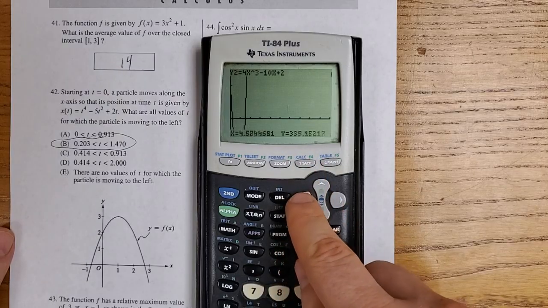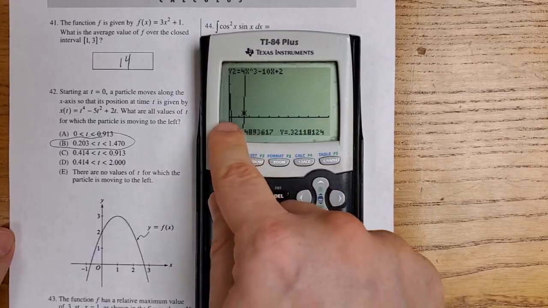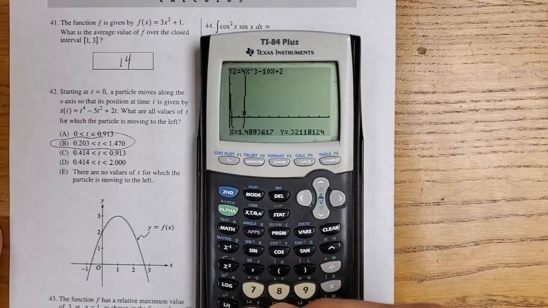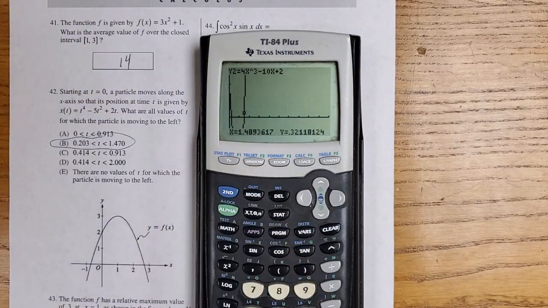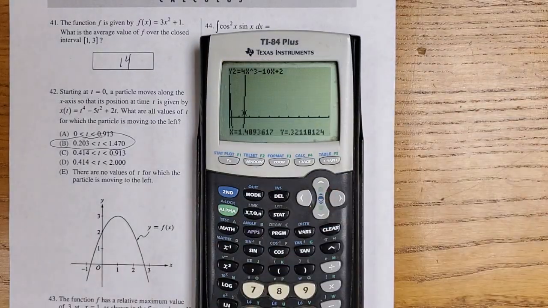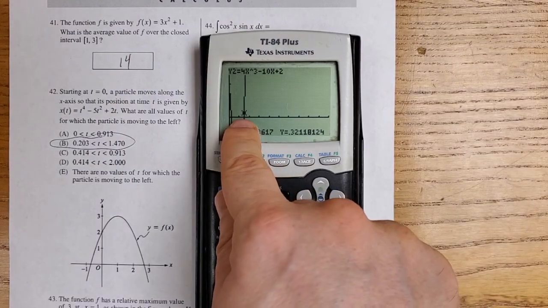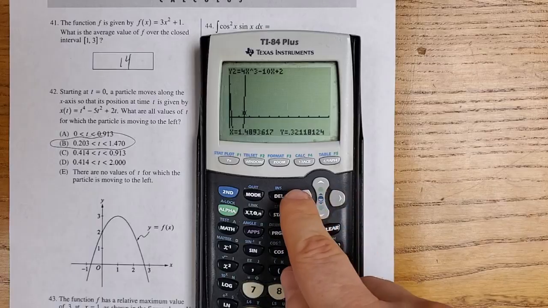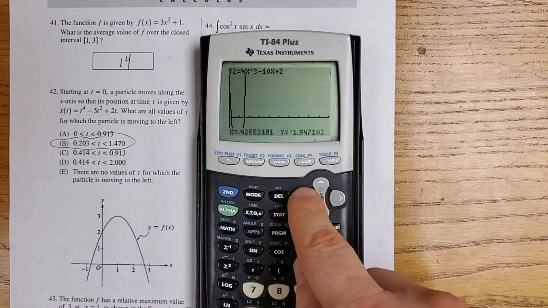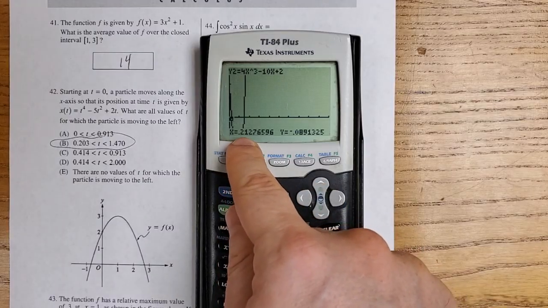And now we can see everywhere the first derivative is negative, below the x-axis, is where that original graph has a negative slope, or in terms of a particle moving, that it's moving in the negative direction, it's moving backwards. Again, we can see that the x-intercept there is somewhere around 1.4, and the x-intercept over here is pretty close to 0.2.